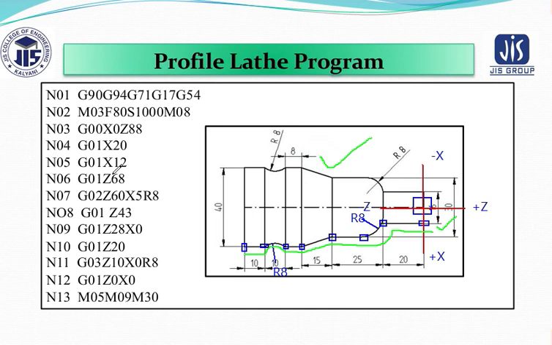And you can see all the X values have been taken as positive, because I have already said that if it is going in the upward direction, X will be denoted by negative, and if you are determining the coordinate value in the lower section, it will be taken as positive. And Z has also been taken as positive here. You can do anything. I have taken this side of Z positive and this side negative. You can also take this side positive and this side negative, but then in that case you have to change the values accordingly.